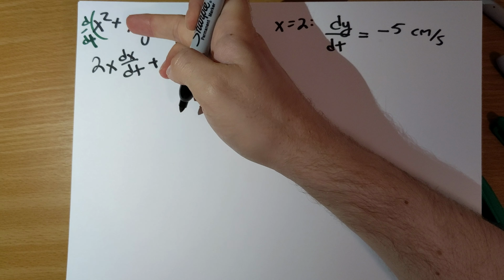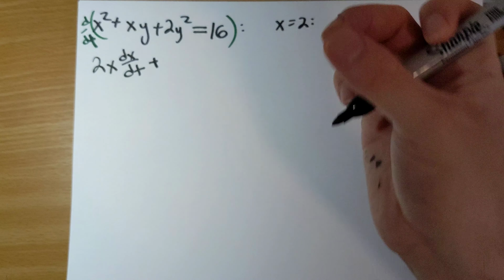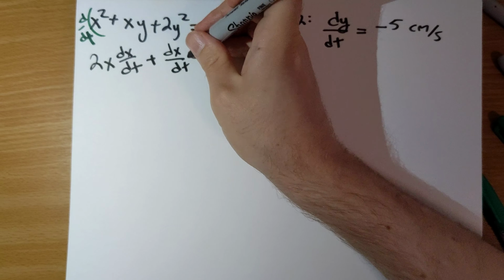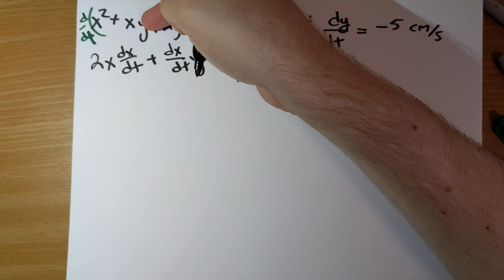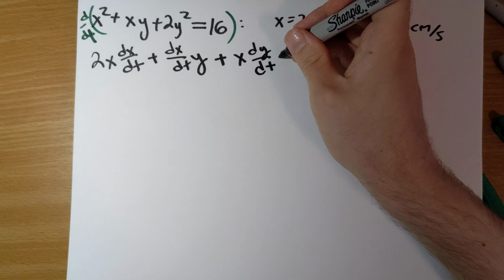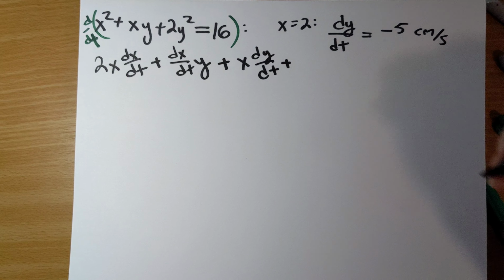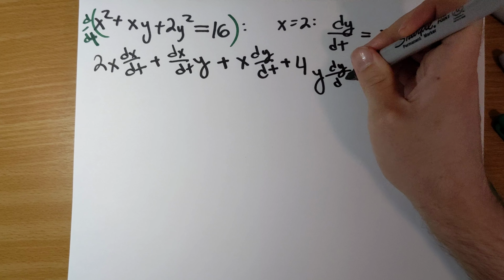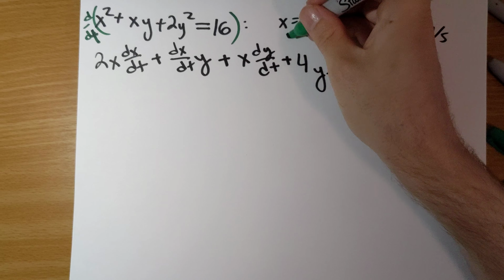So because we're taking the derivative with respect to t, the derivative of x is dx/dt, times y, plus x times the derivative of y with respect to t, which is just dy/dt, plus the derivative of 2y squared with respect to t will be 4y dy/dt. The derivative of 16 here is 0.